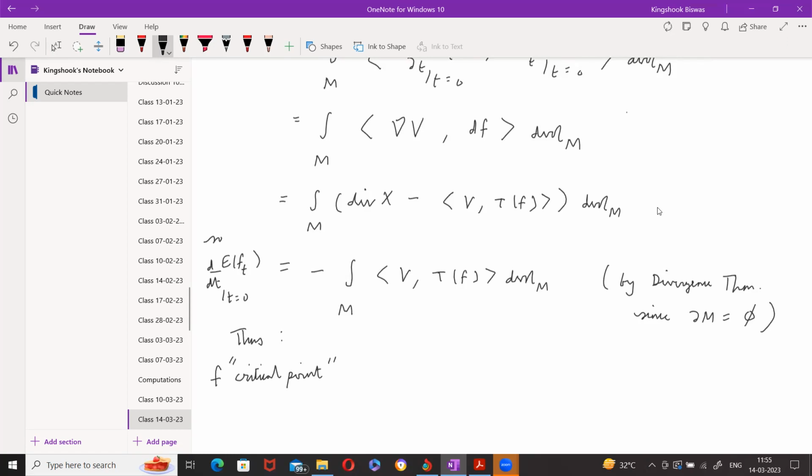That just means that the first variation of energy is 0 for all variations F_t of F.